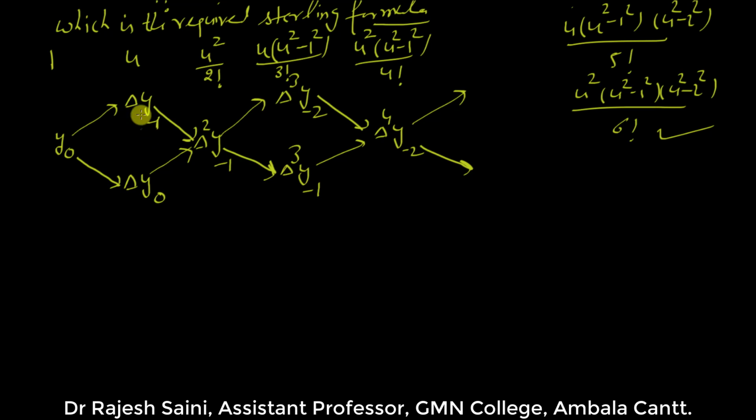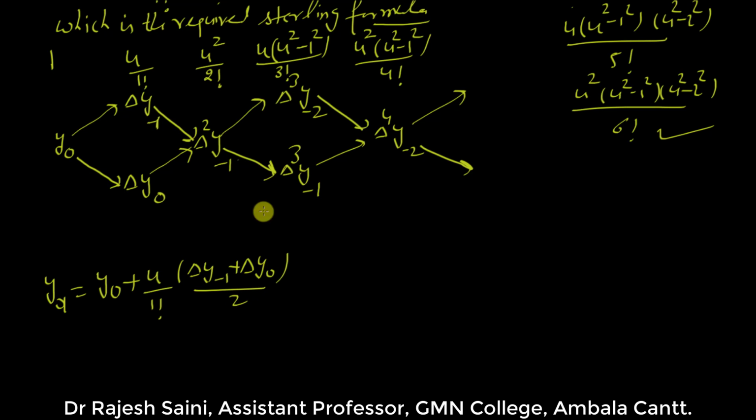Now take the mean of these two and multiply with the coefficient. So from here if I write y x is equal to y naught into 1, it will be y naught plus u by 1 factorial. Take the mean of these two. Fine. Mean means divided by 2. Now this will be u square by 2 factorial. Simply multiply delta square y minus 1.